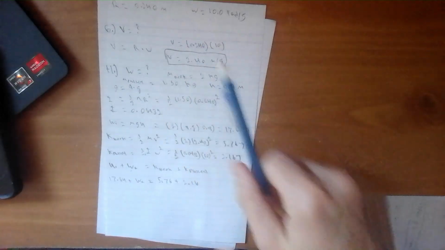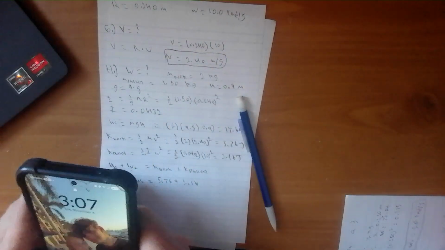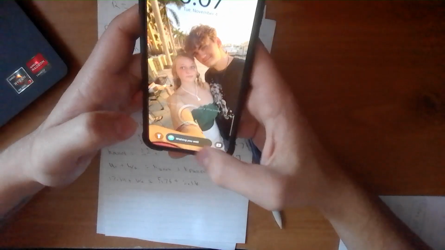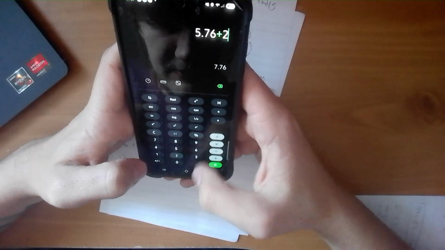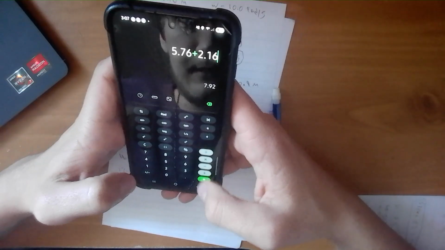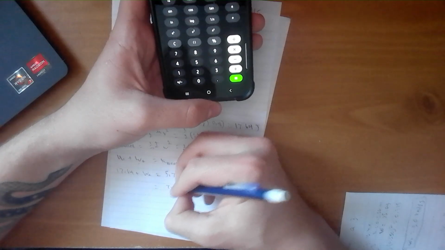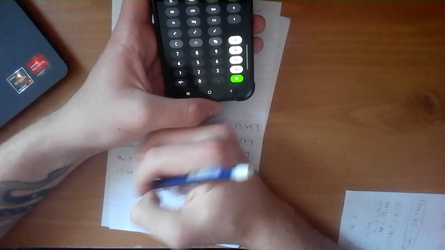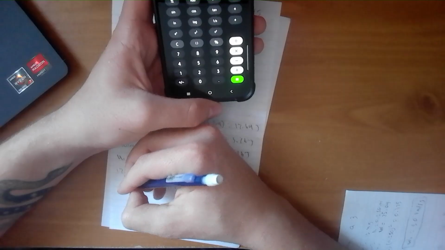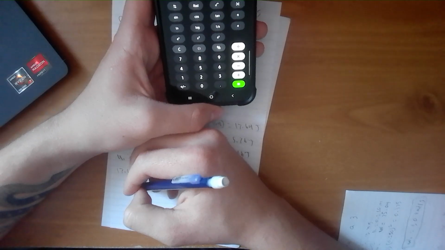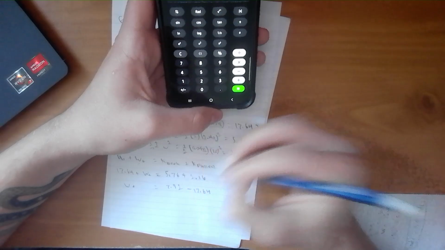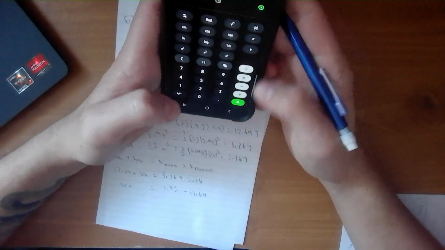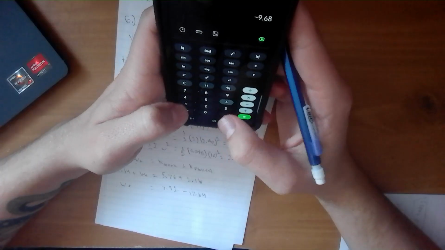All right, and then we can add those together. 5.76 plus 2.16 is 7.92. So 7.92 equals 17.64 plus work final. And then we can just subtract 17.64.